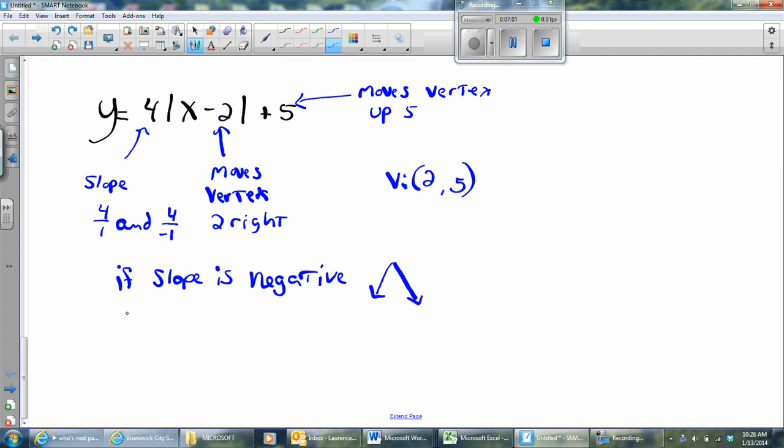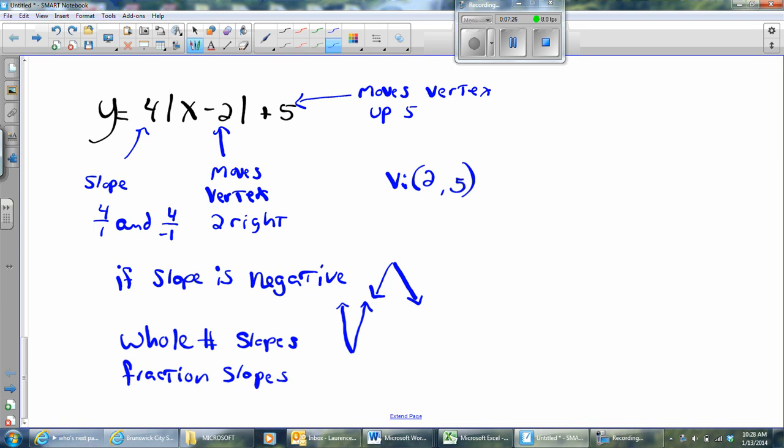Okay, whole number slopes make the V skinnier, and fraction slopes less than 1, of course, make the V wider because you're running more than you're rising.